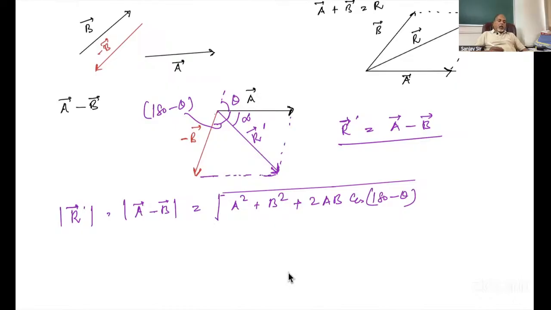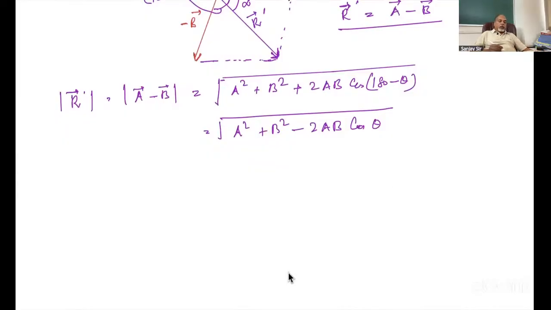And ultimately, this will give you A square plus B square minus 2AB cos theta, because cos of 180 degree minus theta is minus cos theta.